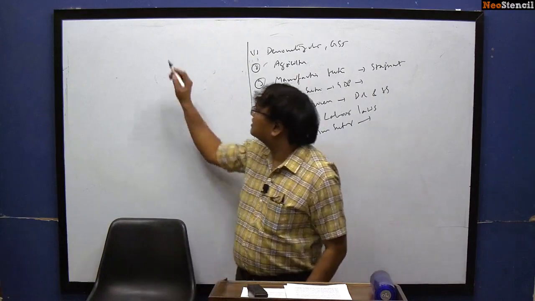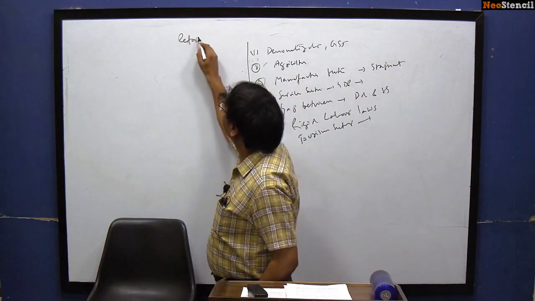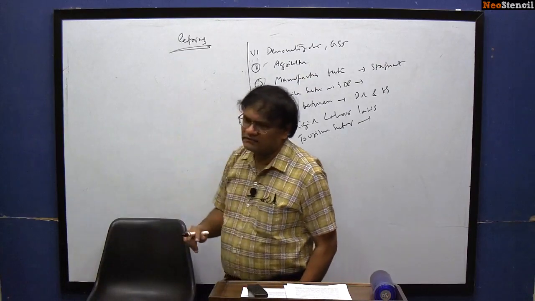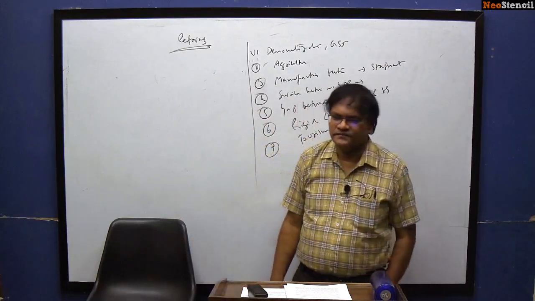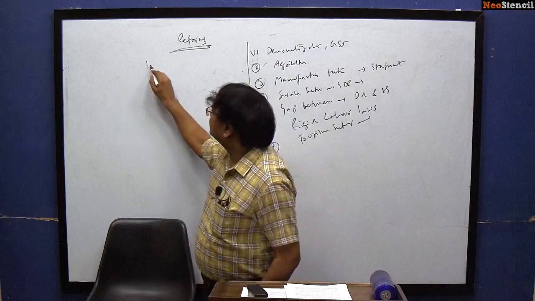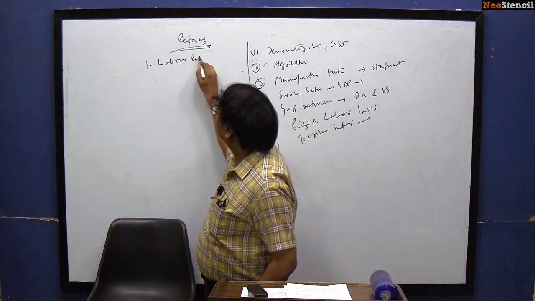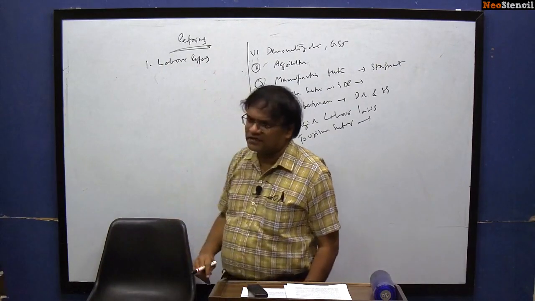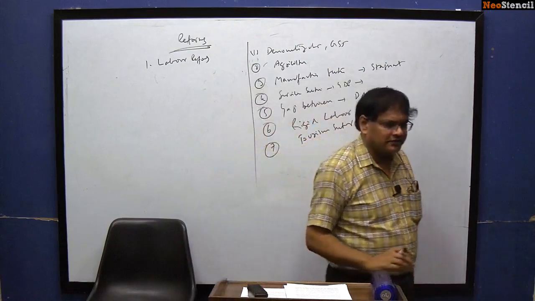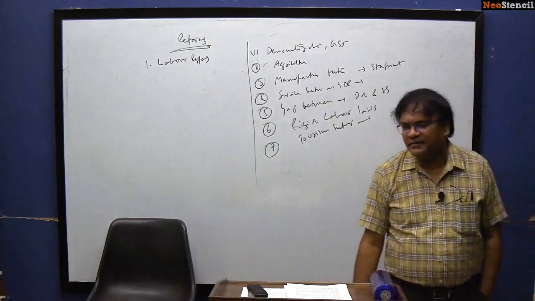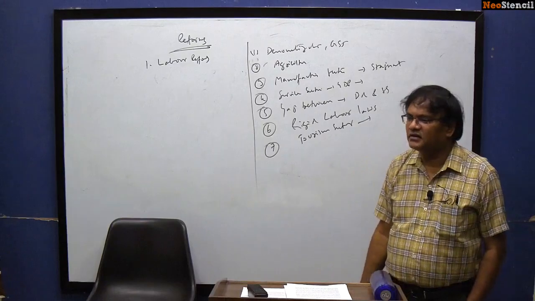So then, what reforms can we suggest here? First and foremost, labor reforms. Labor reforms are required. The organizations, the companies should be given freedom to hire and fire people.